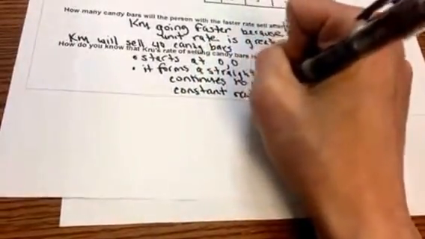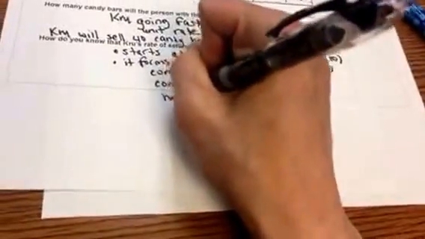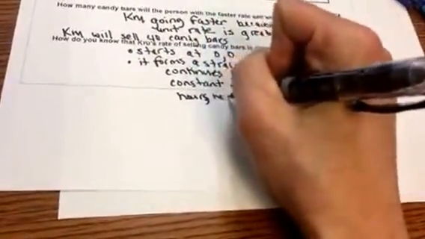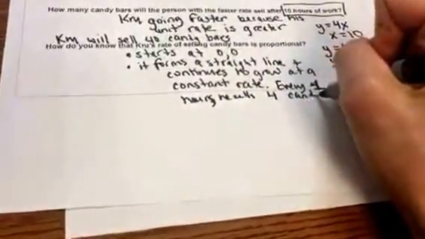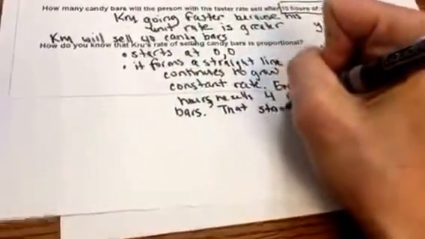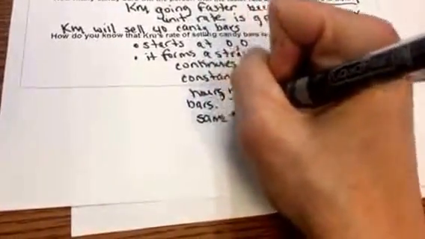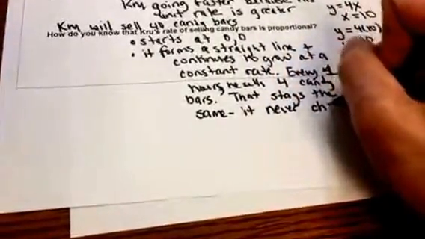So what do I mean by that? Every 1 hour, he sells 4 candy bars. That stays the same. It never changes.